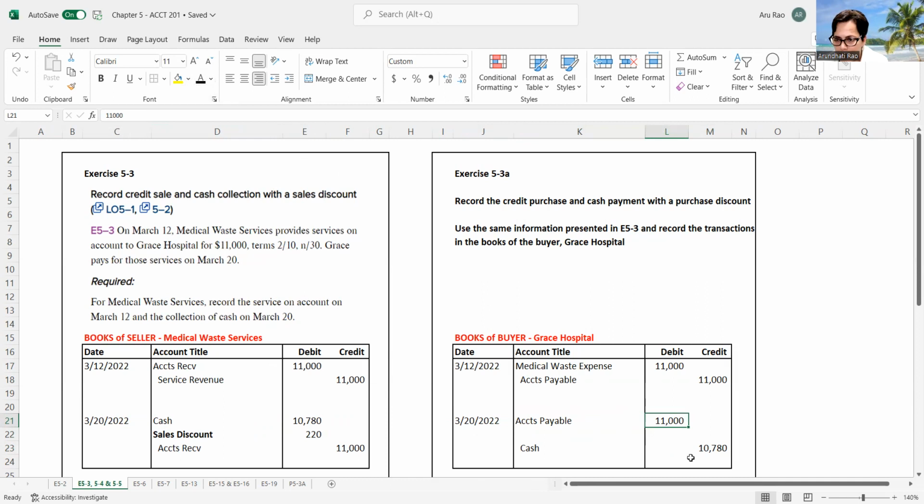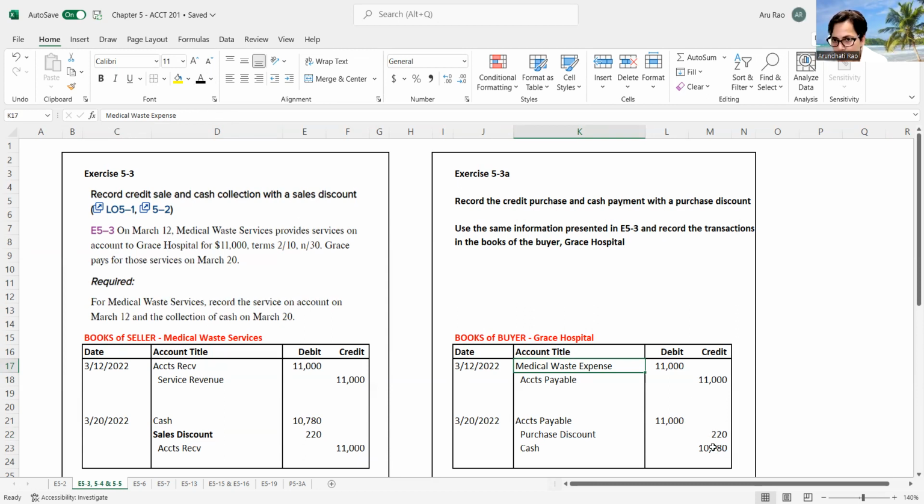That liability is now taken off the books because they made their payment. Now, they didn't pay the full amount. That $220, which, as I mentioned, is not a loss but a cost of doing business for the seller, is for the buyer a purchase discount. That expense is that much less expensive. So that expense really is only $10,780 because they paid within the 10 days.